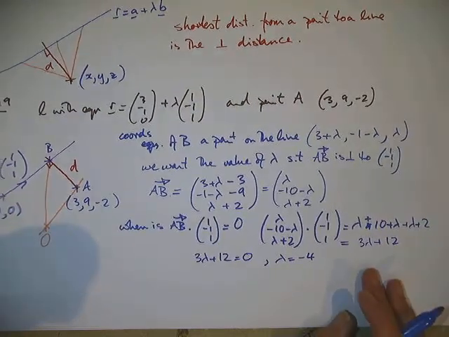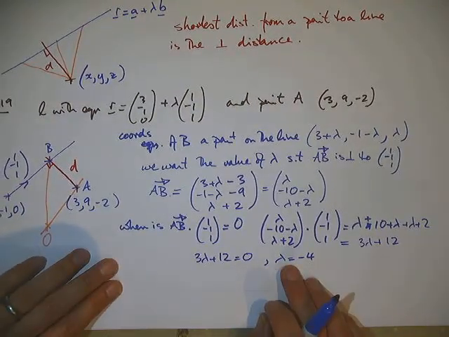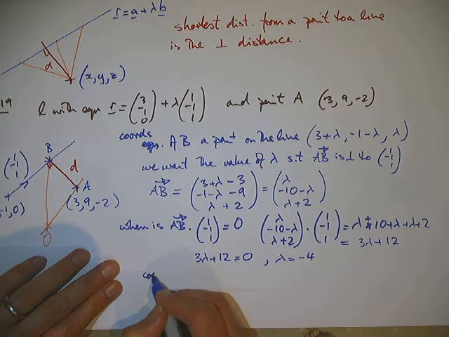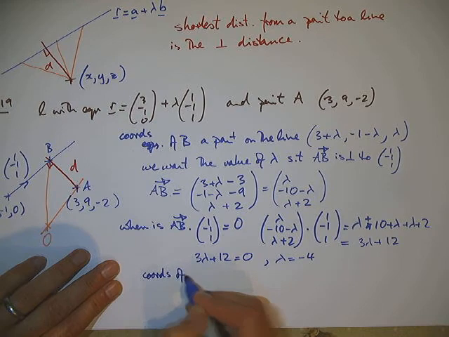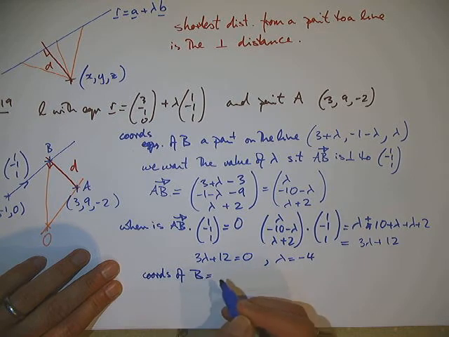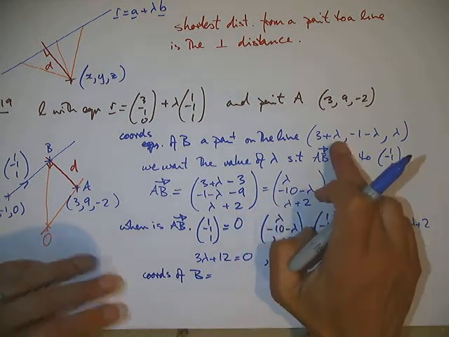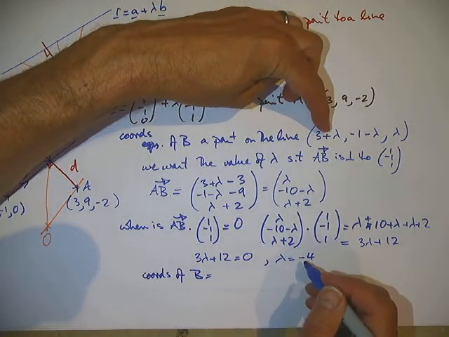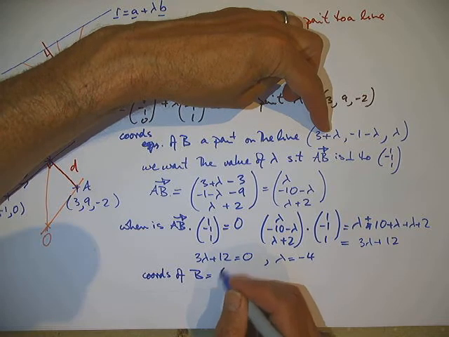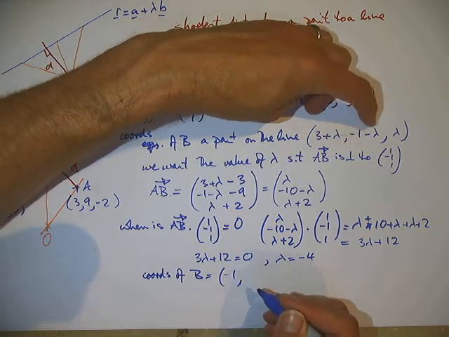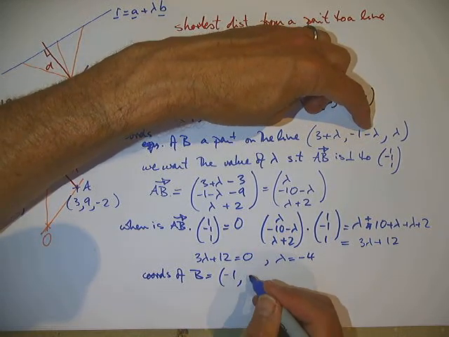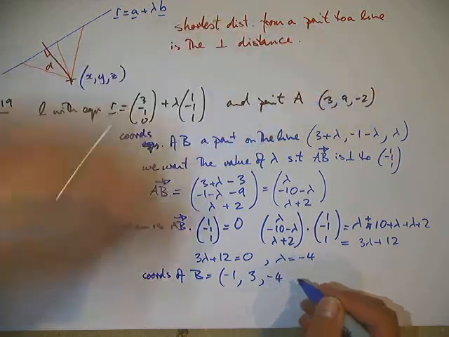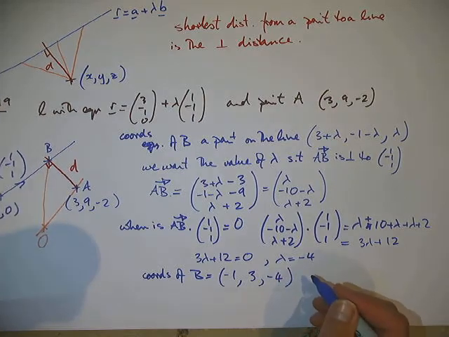So why is that important? That tells us where B is. Coordinates of B are 3 plus minus 4, so that's minus 1; minus 1 take minus 4; and lambda, which is minus 4.